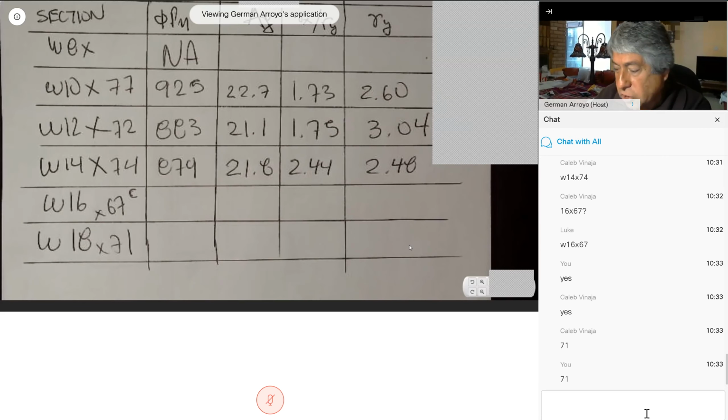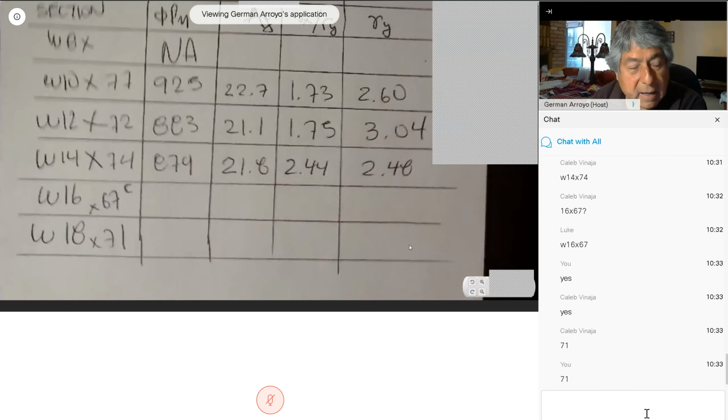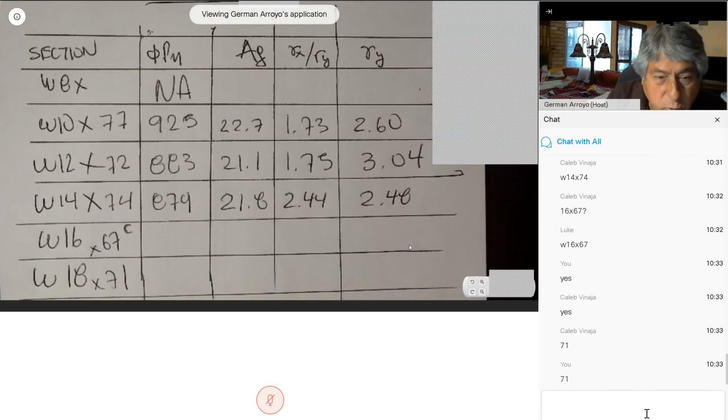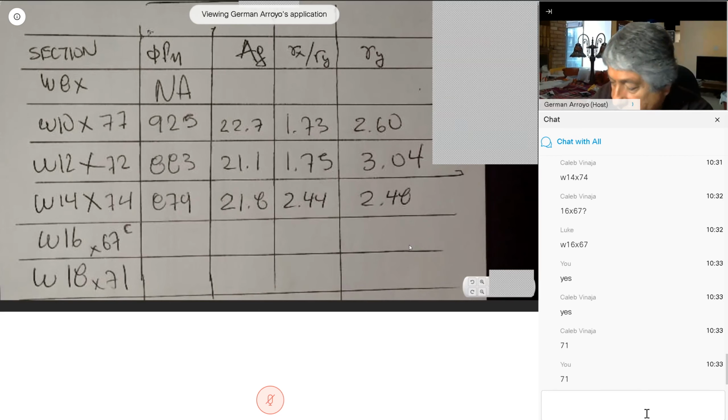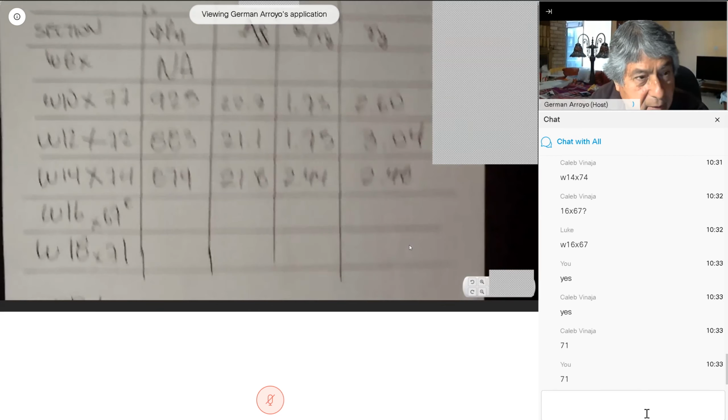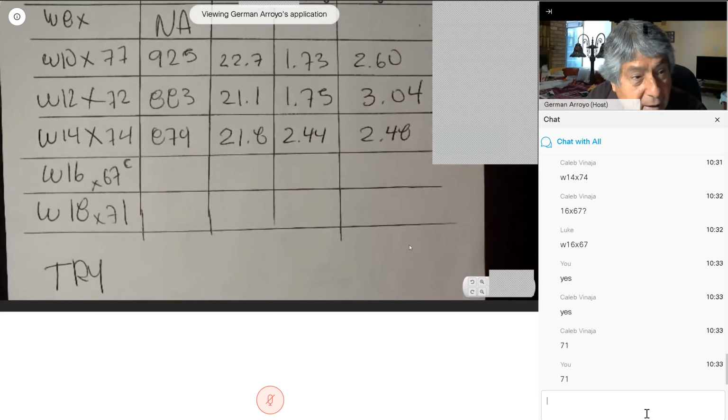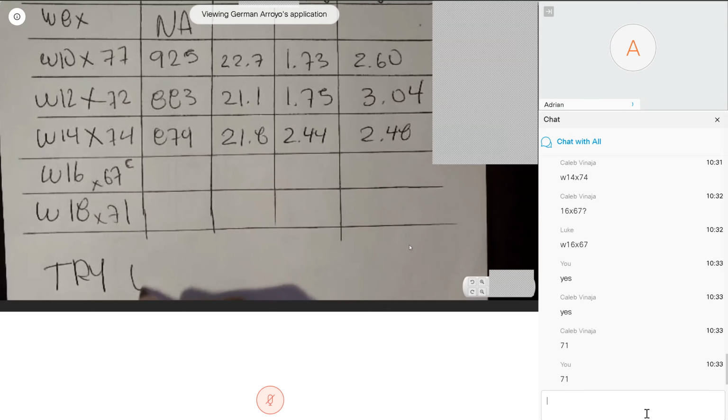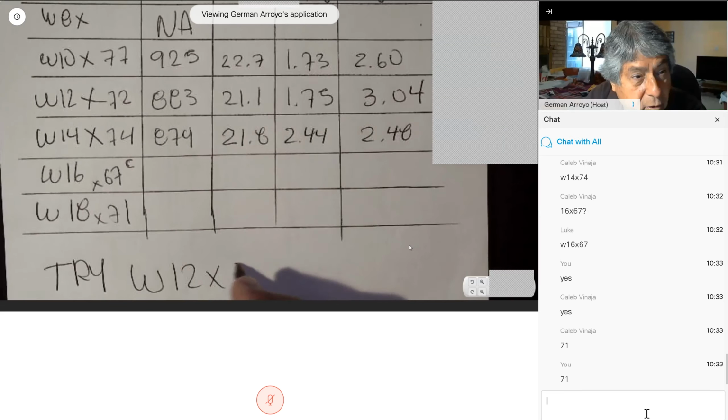So now we're going to check. We're going to check the lightest one. So I'm going to say, try a W12 by 72.